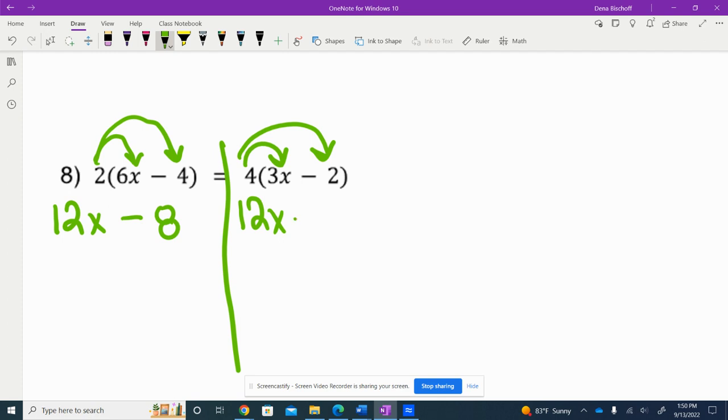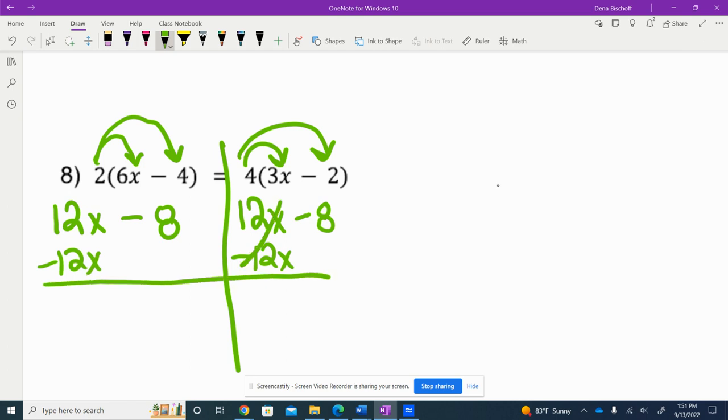Four times negative 2 is negative 8 again. All right. So if I move that variable term away, if I subtract 12x from both sides, what happens? Tyler? They cancel each other out, and I have left negative 8 equals negative 8.